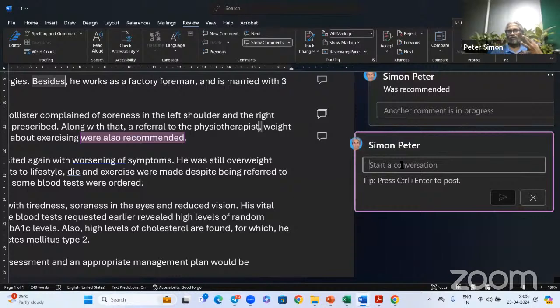You will give encouragement. You provide a referral letter. So three different things are there. So what you can say is, encouragement was given. The full stop is already there.